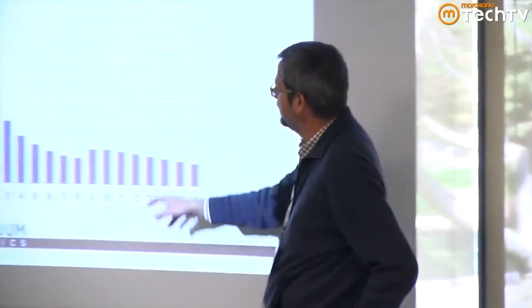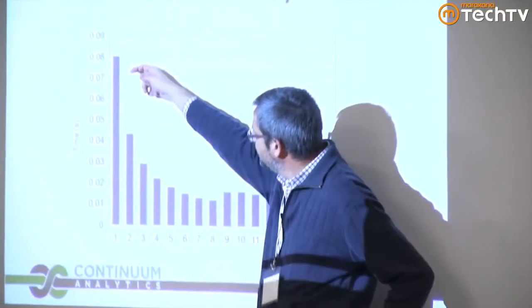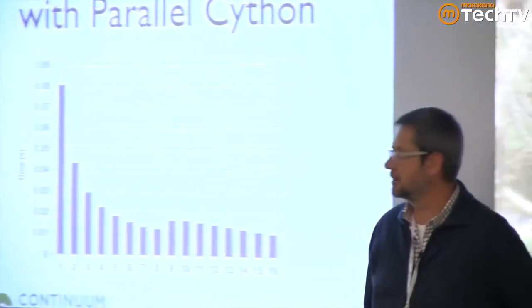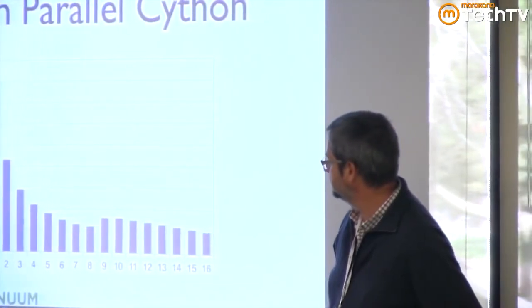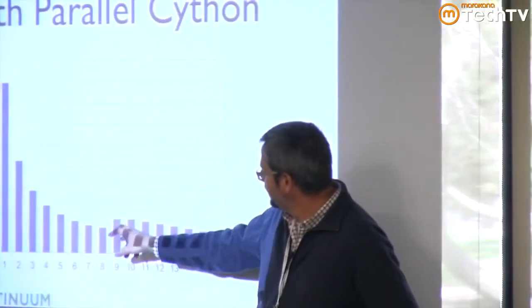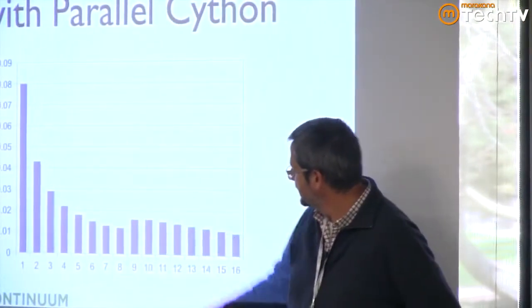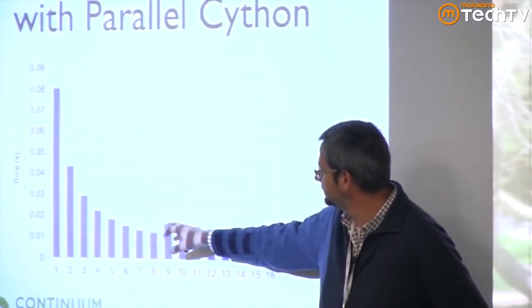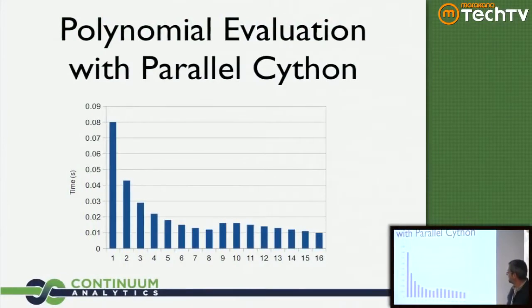So here we have a plot where we can see the speedups that can be achieved by using the parallel version of our code by using Cython. Okay. Curiously enough, there is a bump: when using hyperthreading, it seems that the performance degrades.